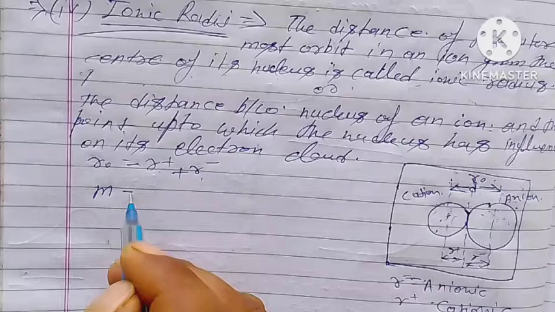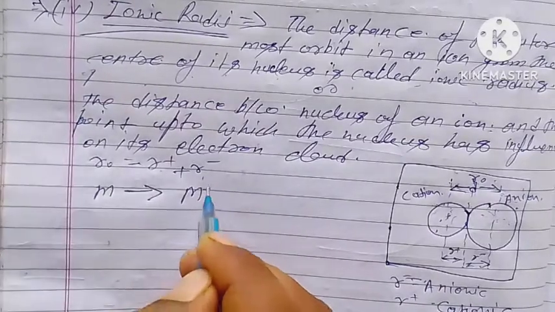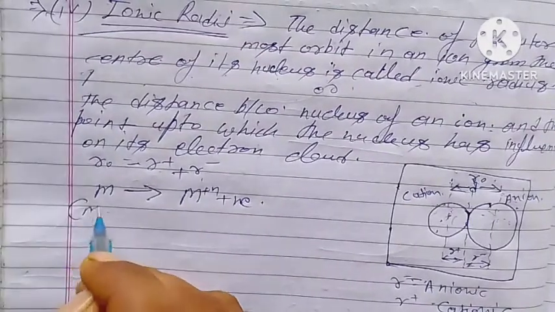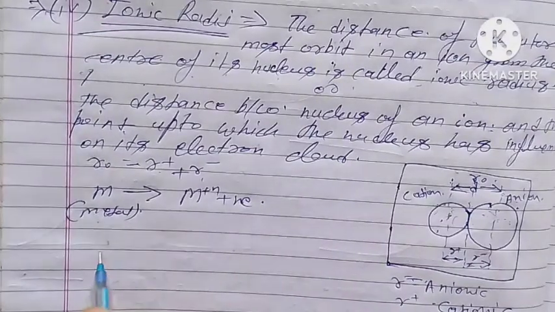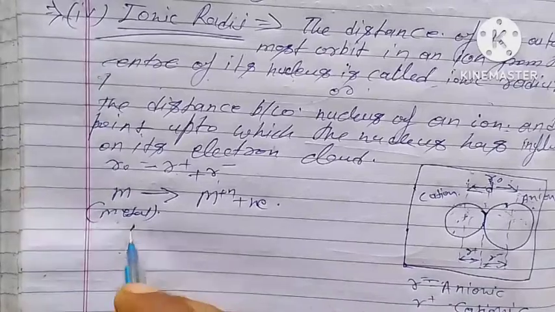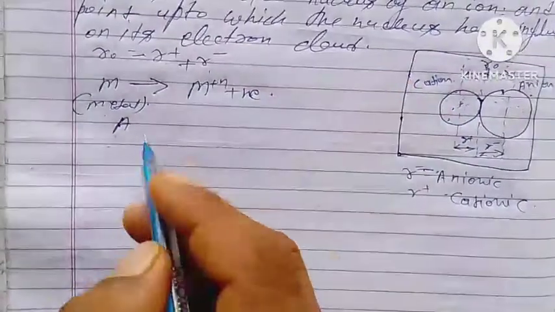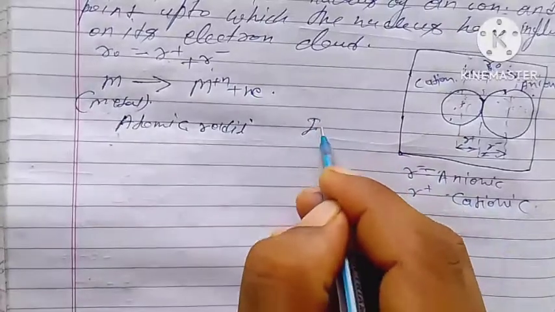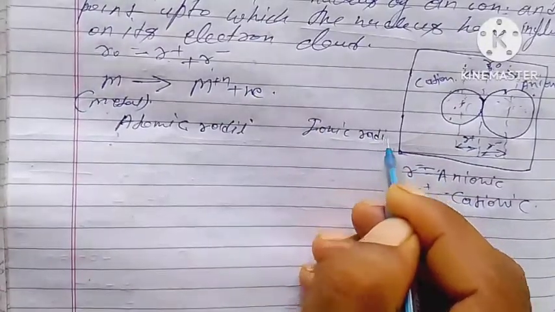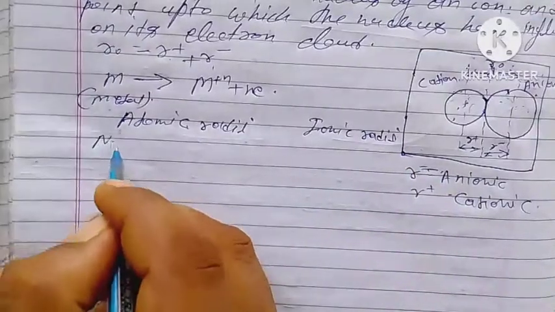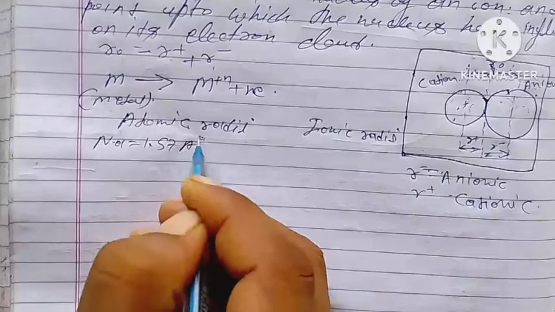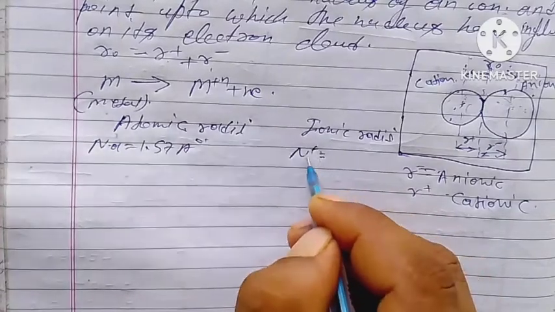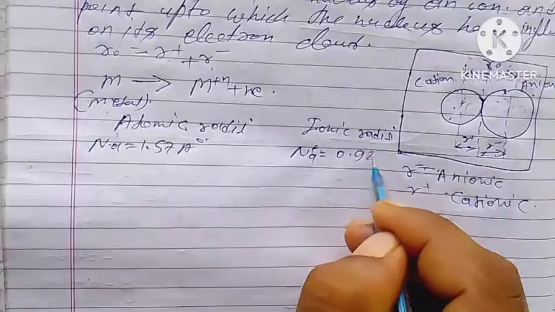When one or more electrons are removed from an atom, a cation is formed: M gives M plus n plus ne, where M is a metal. Example: atomic radii and ionic radii. Atomic radius of sodium equals 1.57 angstrom and ionic radius of Na plus is 0.98 angstrom.